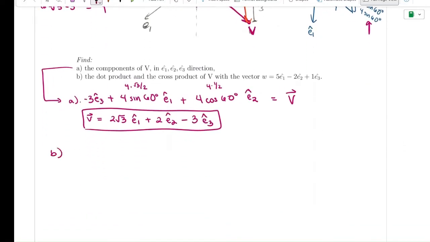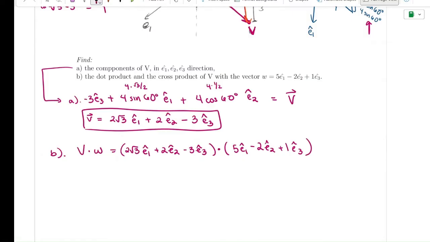Now we can do part B, which is the dot product and cross product of V with W. So now it's asking for V dot W, which is a dot product. So we can write this as 2 square root 3 e1 hat plus 2 e2 hat minus 3 e3 hat, dotted with 5 e1 hat minus 2 e2 hat plus 1 e3 hat.